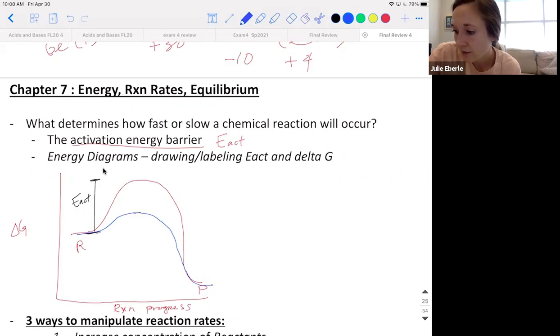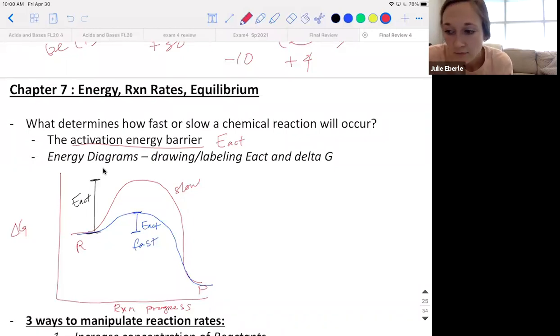And I have now a very small activation energy compared to my first one. So this one would be fast, and this red one would be slow. So if I start them at the same time, the blue would finish first. The other reaction would still be running.